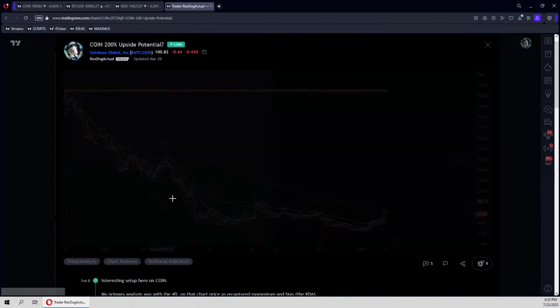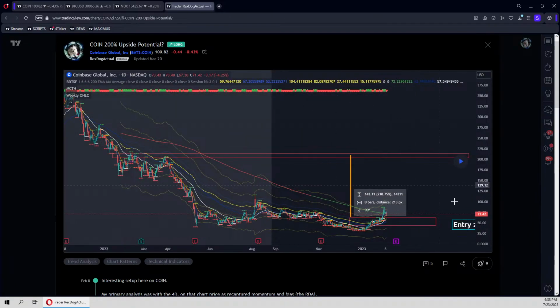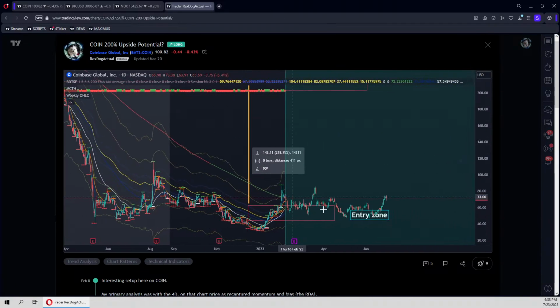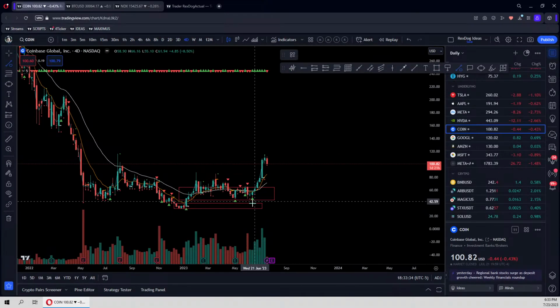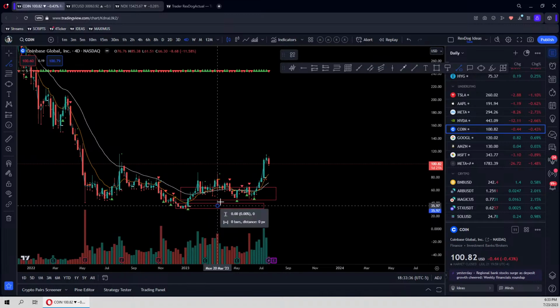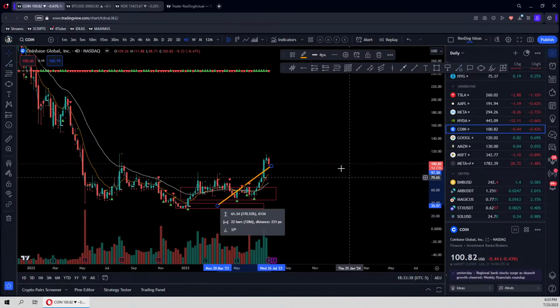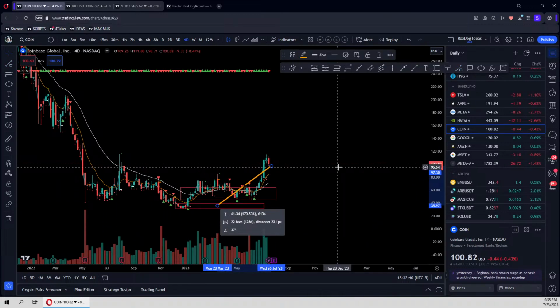There it is. We shared this idea a long time ago. You can see here. Pull back to our zone a couple times, our entry zone. And now we're roughly up from right around 47 to 71, whatever that number is. I don't know what we're up on this trade. Let's see. I think our last scale in was down right around 35. So we're up roughly 170%. Not bad.